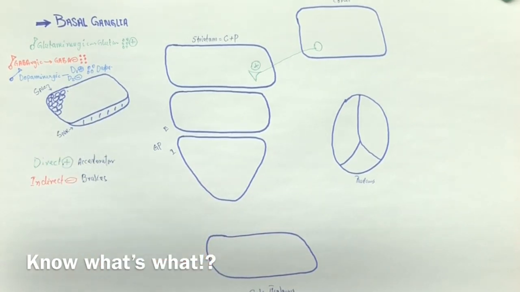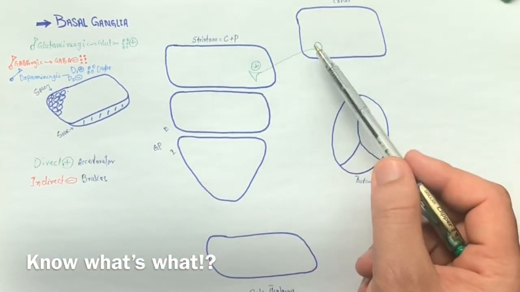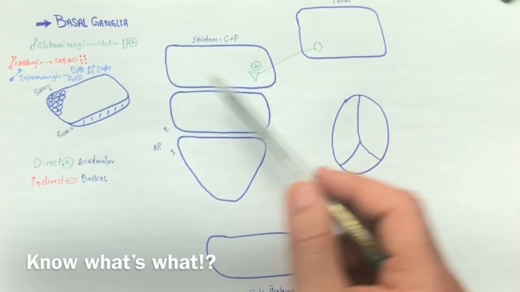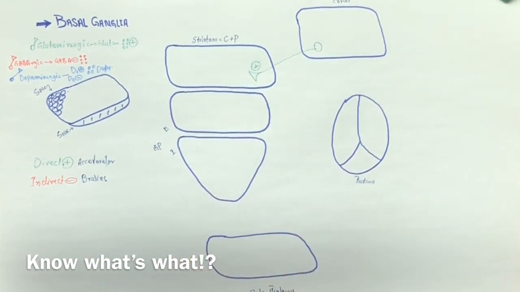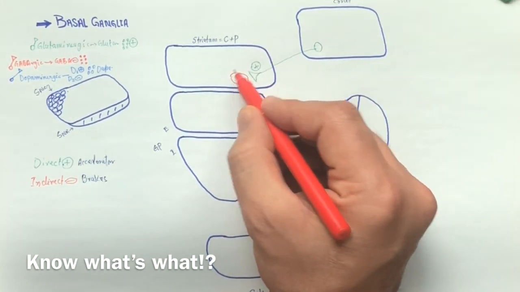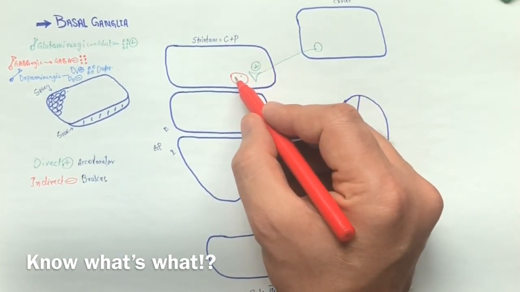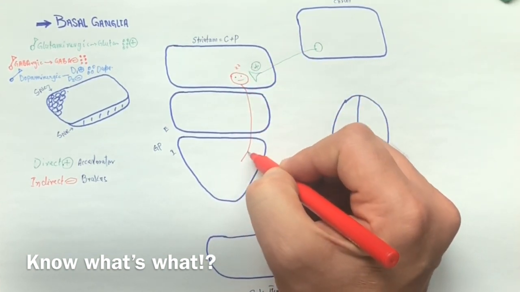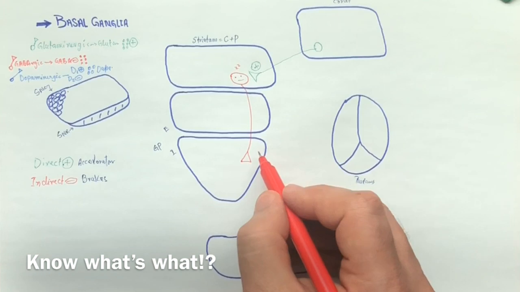So when you are at rest and there is no glutamate release in the striatum, the GABAergic neurons will not be excited. When they're not excited, they send the fibers down to the globus pallidus interna, where they will not release the GABA.